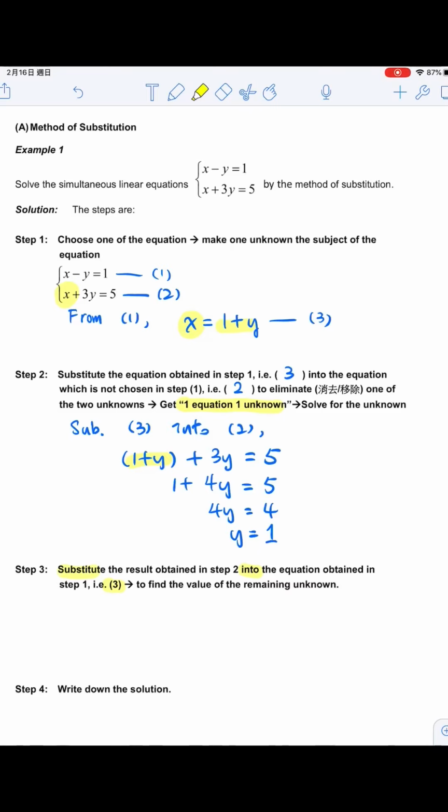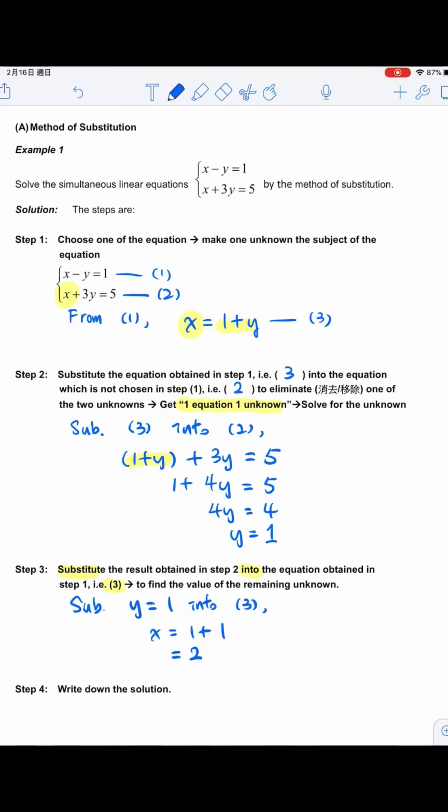We can substitute into equation 3 to find the value of the remaining unknown. Here, we can substitute y equals 1 into equation 3. And then we get x equals 1 plus 1 equals 2.